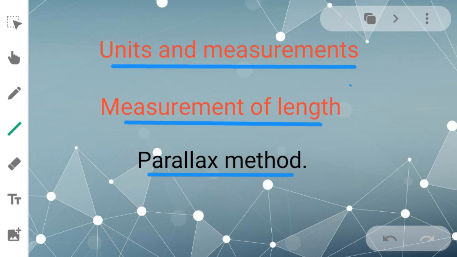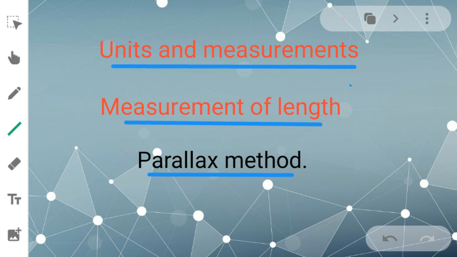Length measurement starts from small, minute lengths, which can be measured with the help of microscopes, and also extends to large distances. The parallax method is used to measure large distances.